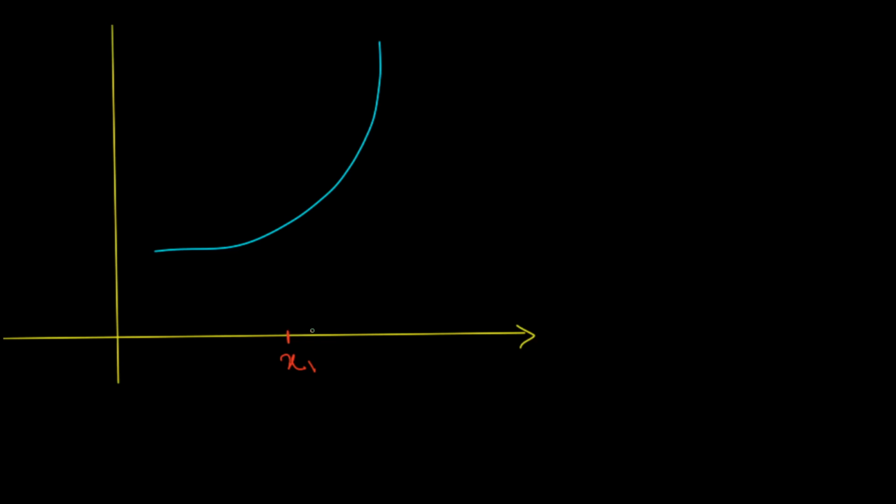I'll call this point x2, which is x1 plus the smallest value you can imagine, the smallest real number you can imagine, right? That's what x2 is. The corresponding value of y here becomes your y1, and very near to that the corresponding value for x2 is going to be your y2, right?